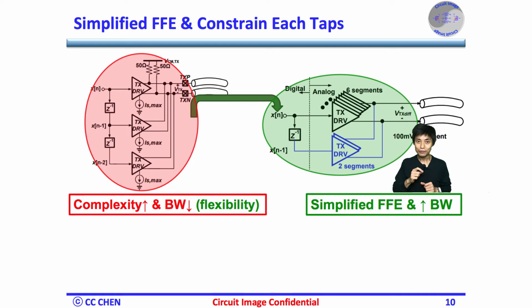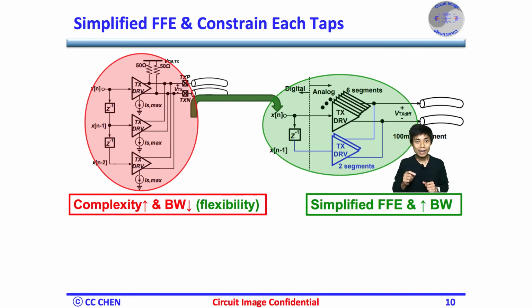To avoid self-loading, we will just limit the FFE to be a two-tap FFE, one main cursor tap and one post cursor tap, for example. Next, the original analog-based TX driver with no FFE could be 8 segments to achieve a maximum output swing of 800 mV. If we would like to keep the output loading, what could we do?